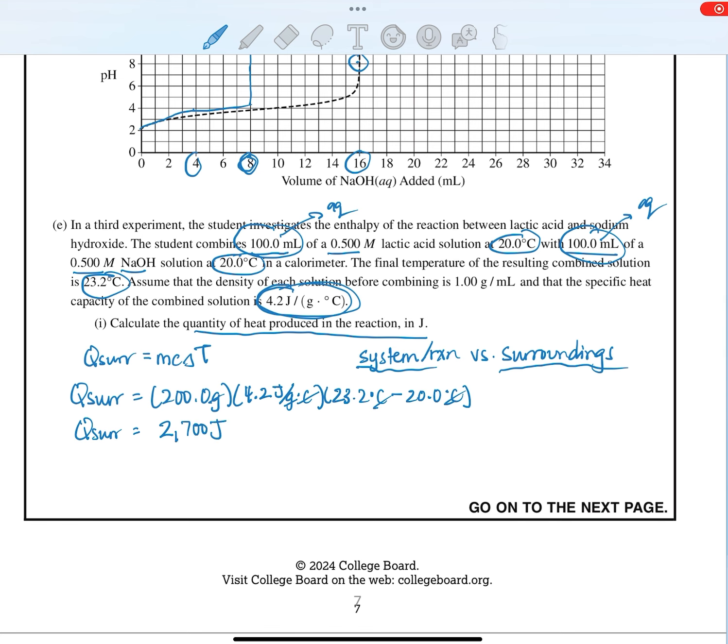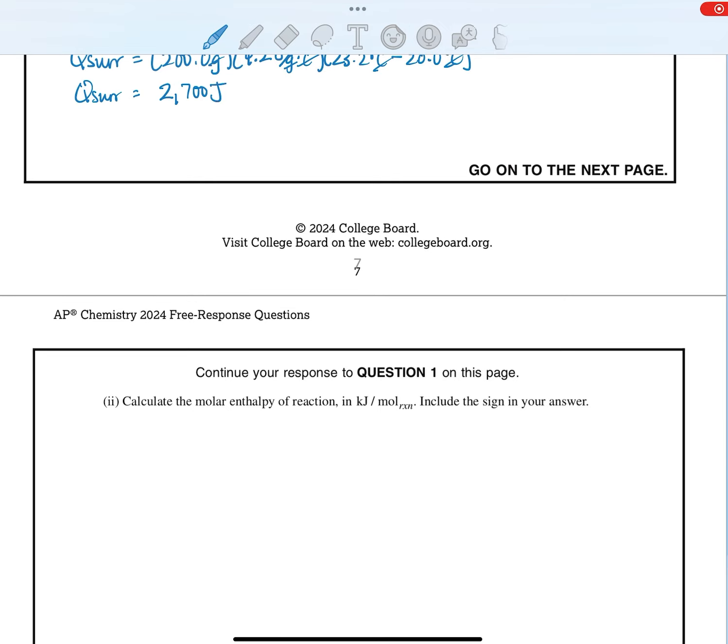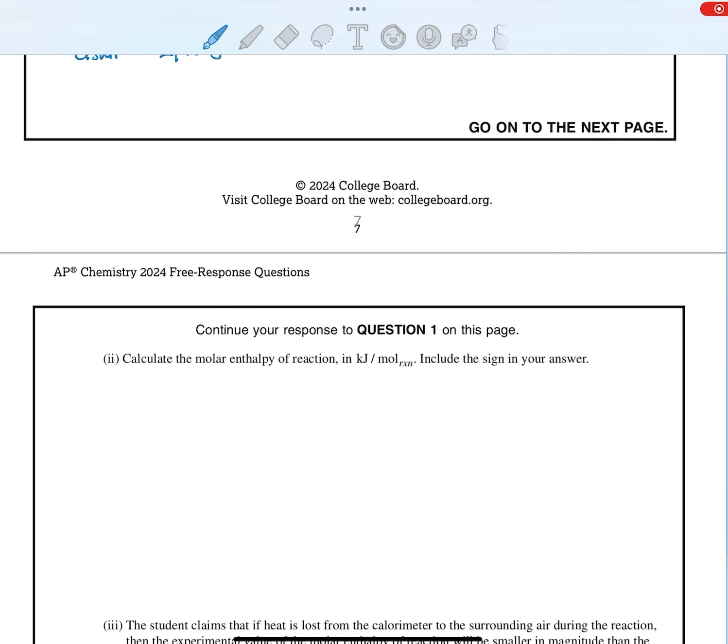Now, in the next question, I'm being asked to find the enthalpy of the reaction expressed in kilojoules per mole. Include the sign in your answer. So this is important. First of all, the formula for enthalpy is ΔH reaction equals Q of reaction over moles, n.